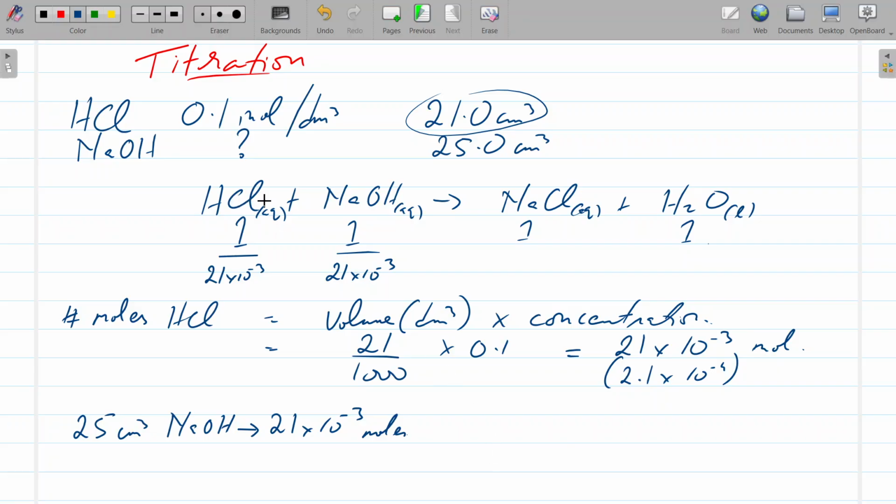Then the reason we got the balanced equation is so that we could take the mole ratio. What we're concerned with is the mole ratio between hydrochloric acid and sodium hydroxide. We're not concerned with the products in this case.